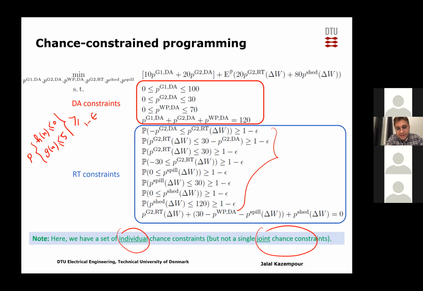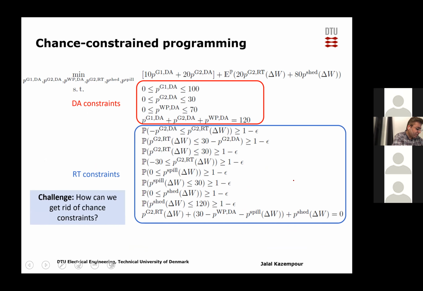Then we call it a joint chance constraint, right? But here we formulated it as individual chance constraints. Both of them are solvable, but the joint chance constraint is more challenging. In this course, I only focus on individual chance constraints. In a joint chance constraint, you need only one epsilon, but here you need one epsilon for each constraint, and its values could be the same or different. We don't necessarily need the same epsilon for all constraints.